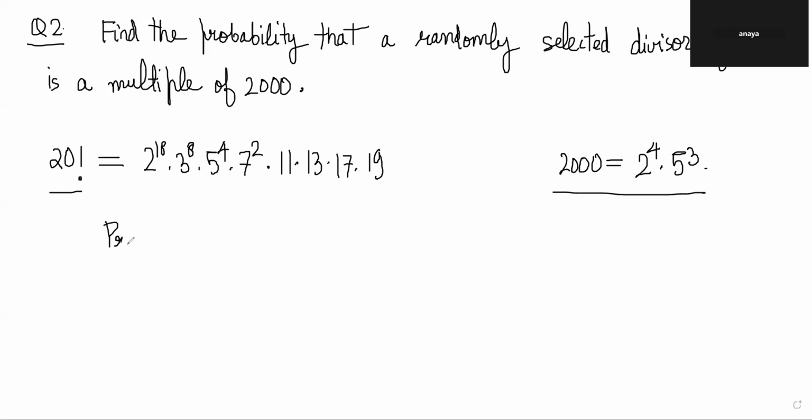Now find the probability answer. I got 6 by 19. Yeah, that is correct.